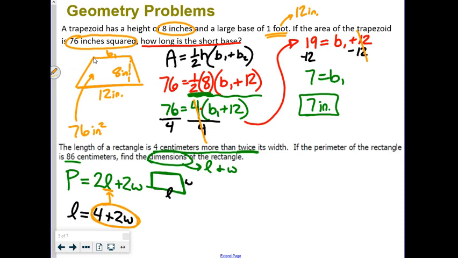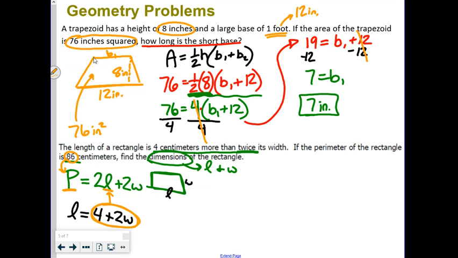Therefore, if two things are equal, you can replace them with each other. Also, we know what the perimeter is equal to. That's 86. So we're going to plug 86 in for that P. We're going to plug in 4 plus 2W in for L. And then we'll have an equation that only has W's in it, and we'll be able to solve for W.